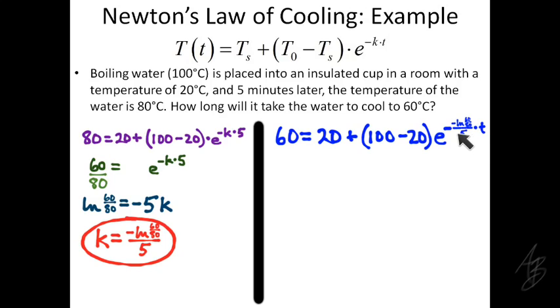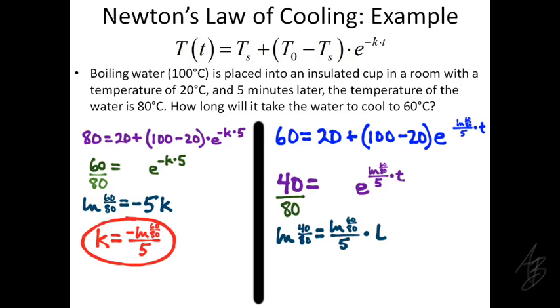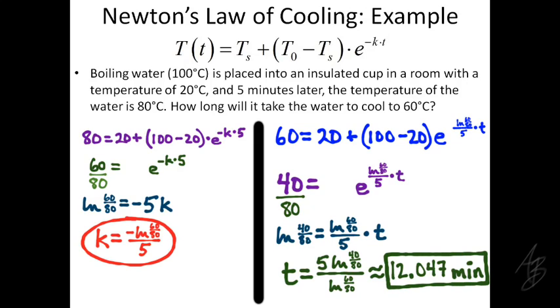Also, notice that in our exponent we have a negative times a negative. We'll get rid of those just to simplify things and make the process of solving for T easier. So we'll divide by 80 on both sides. We'll take the natural log of both sides, and we can divide by the natural log of 60 over 80 divided by 5, and we get our final answer for T, which is going to be 12.047 minutes.